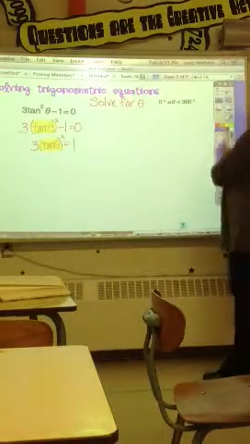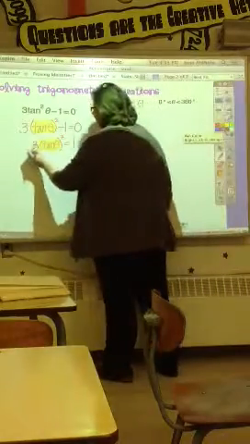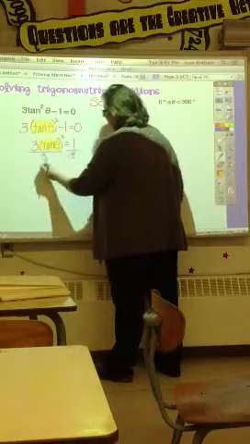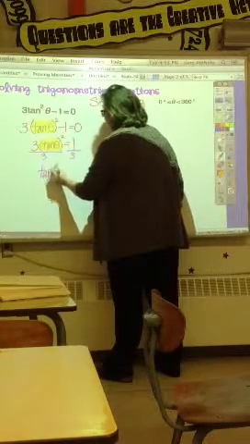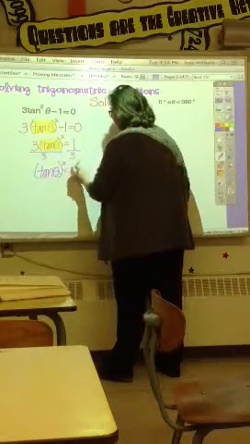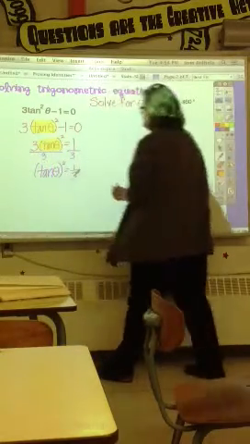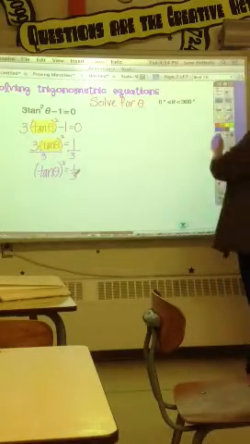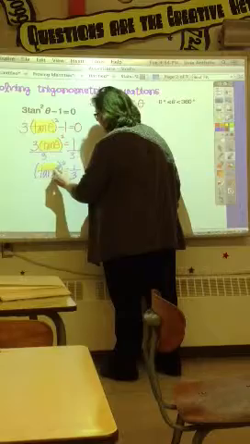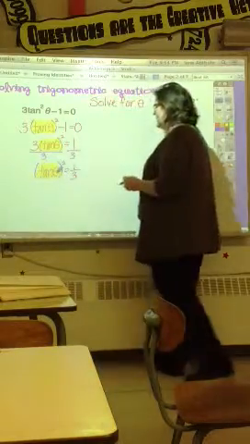Next, we go ahead and divide both sides by 3, because I do not want a coefficient of 3, I'd like a coefficient of 1. So we have tangent squared theta equals 1/3. Getting close. I want not tangent squared theta, but tangent of theta.